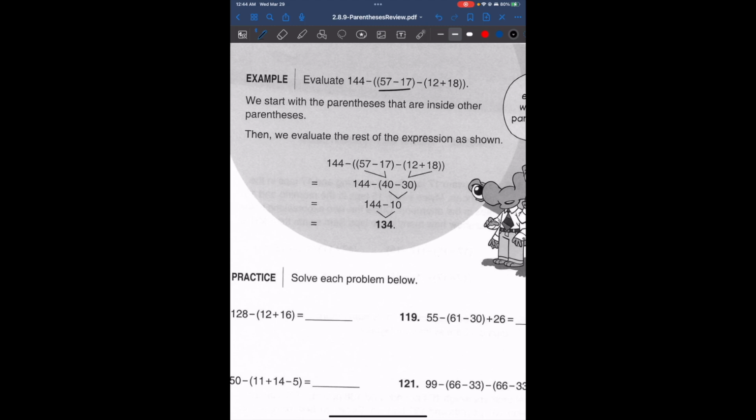So we have 57 minus 17, which is equal to 40. And then we have 12 plus 18, which is equal to 30.